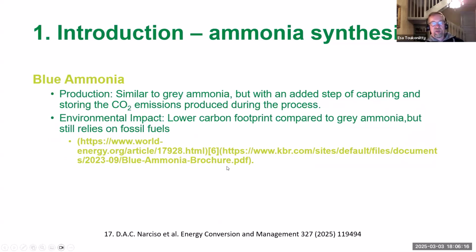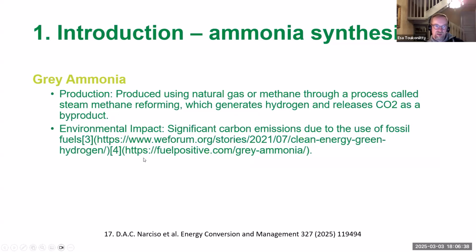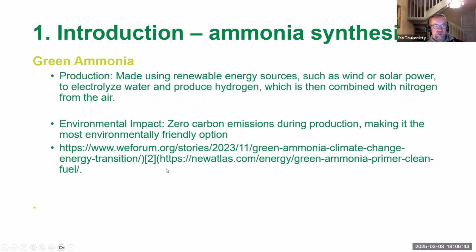Then there is an in-between alternative, making ammonia but capturing some of these CO2 emissions that are generated in the process. So the beneficial effect is a slightly lower carbon footprint or smaller environmental impact compared to the traditional gray ammonia production process. But here you'll see three different variants of making ammonia.